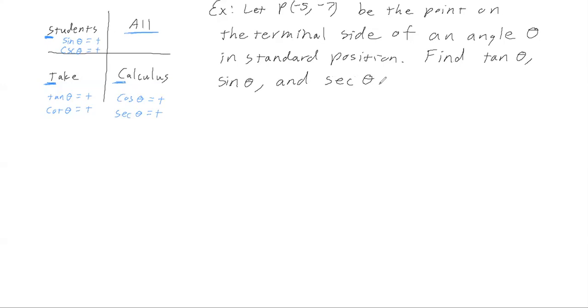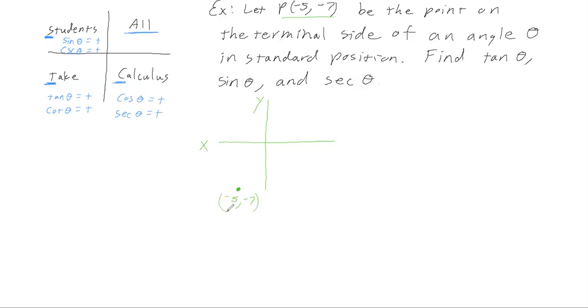Well, let's draw a picture of what we have going on here first. All right, let's suppose I have a coordinate plane here. Here's my x-axis, here's my y-axis. Look at the point (-5, -7). That'll be somewhere around here, right?